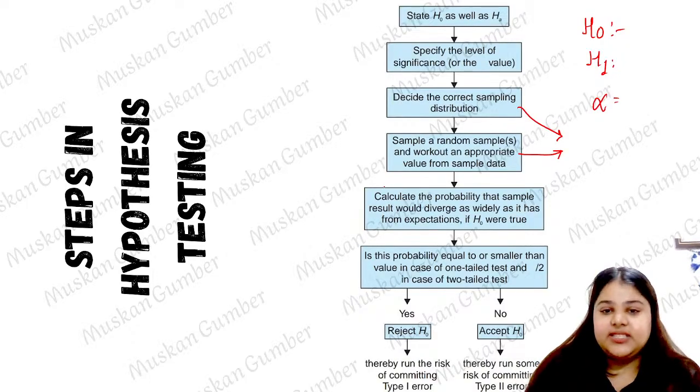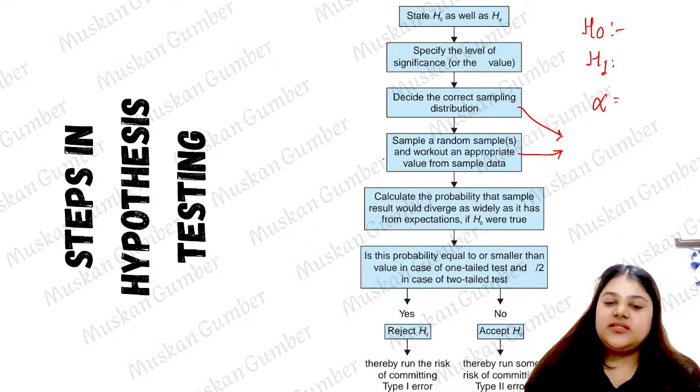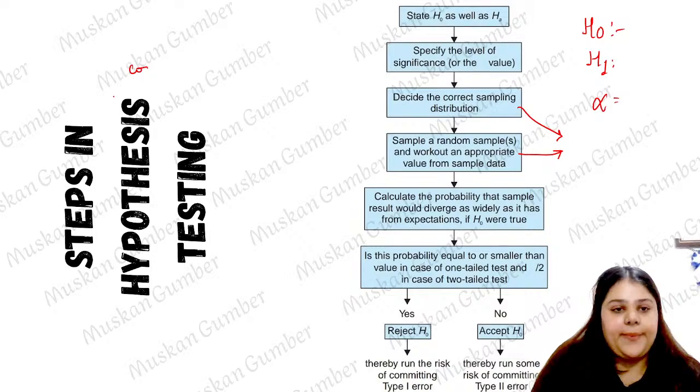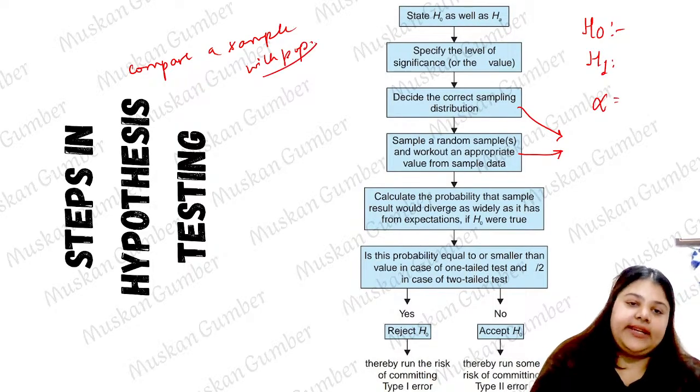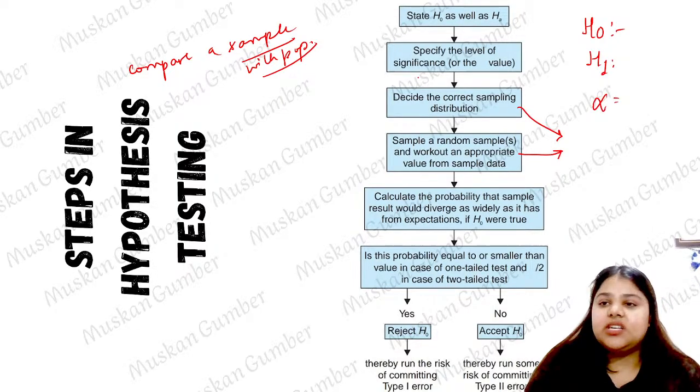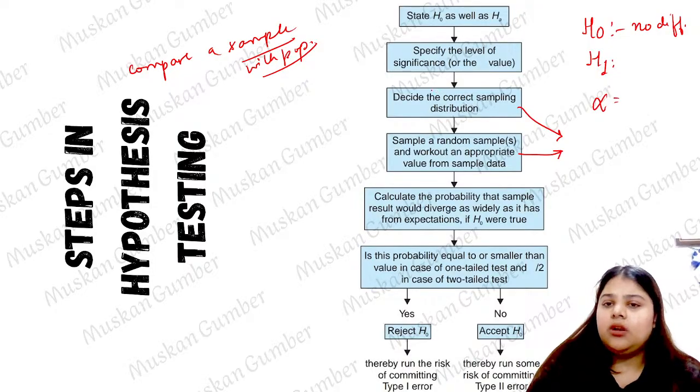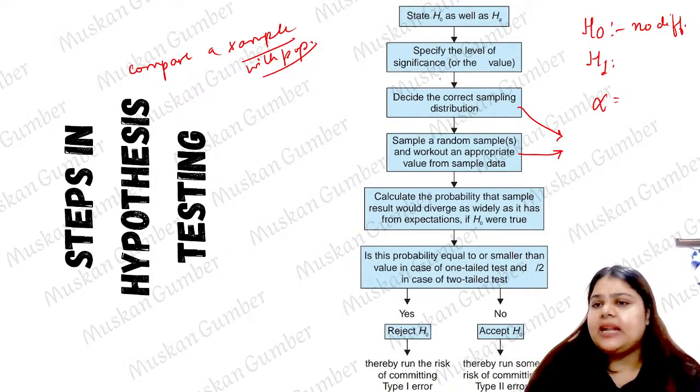And it will give us the value. For example, I wanted to compare a sample with a population. There was a patient, and I had to check their blood pressure. For the null hypothesis, I would say that there will be no difference between the average blood pressure of the people and the blood pressure of the patient who was visiting me.